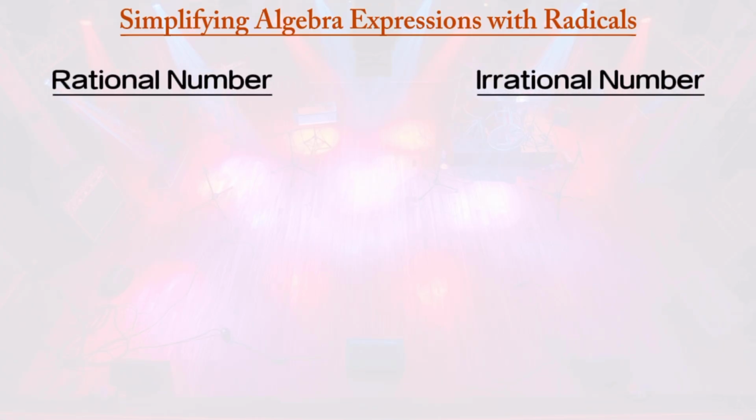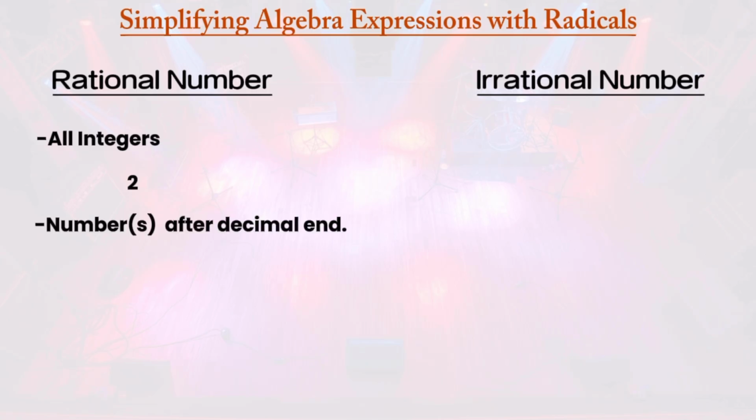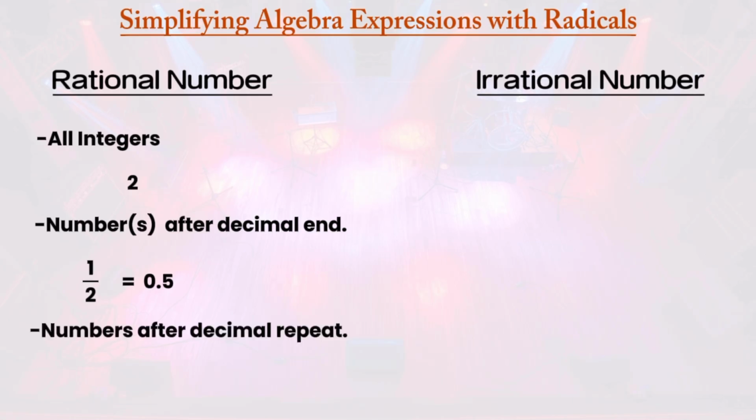But first, let's briefly go over the meaning of a rational number versus an irrational number. A rational number is either an integer, like the number 2, a value that has a decimal and the numbers after the decimal come to an end, an example being 1/2 or 0.5, or a value that has repeating numbers after the decimal, like 2/3. 2/3 results in the number 6 being a repeating number after the decimal.